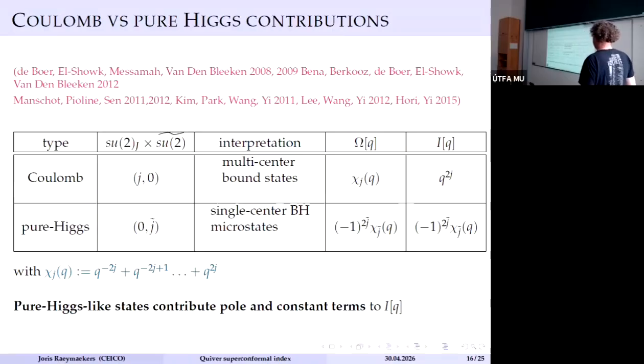In particular, pure Higgs-like states contribute whole terms and constant terms to the superconformal index, while the Coulomb states just contribute positive powers of q. So this would be at least some kind of diagnostic to see if you're capturing pure Higgs-like states with your superconformal index, to see if you have poles.